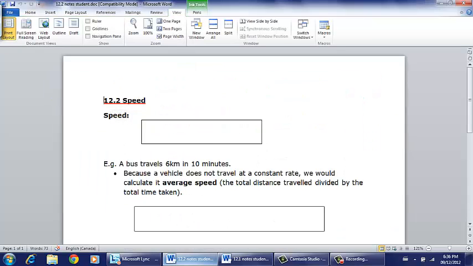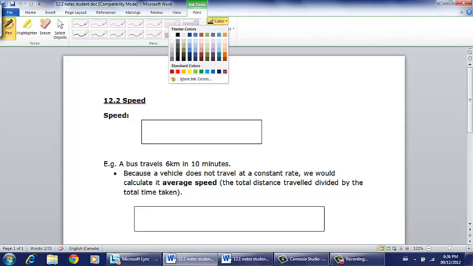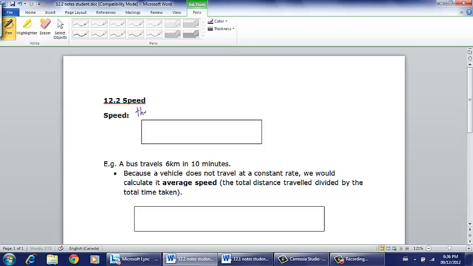12.2 is all about speed, and speed is the rate at which an object travels. So, oops, turn the pen on. Speed is the rate at which an object travels. We can say it's the distance it moves in a given time interval.